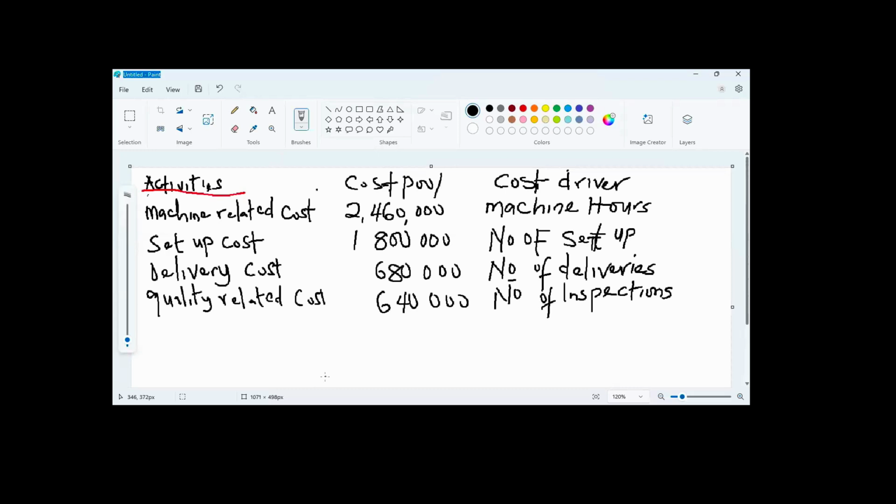This is what activity-based costing is trying to correct. We have done step 1, identify the activities, step 2, the cost pool, step 3, the cost driver. Calculation will start from step 4: calculate cost driver rates.